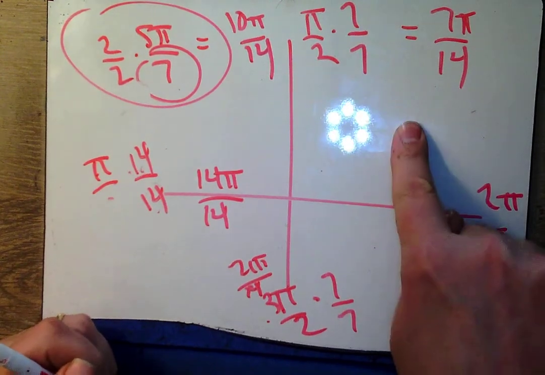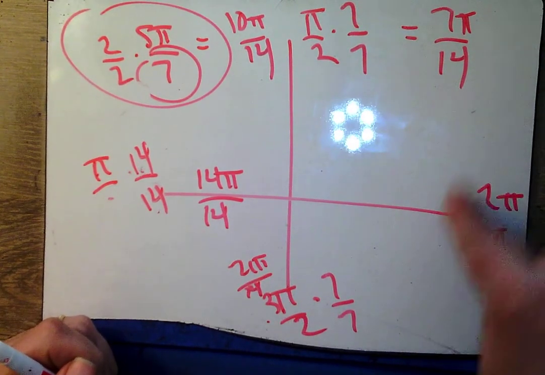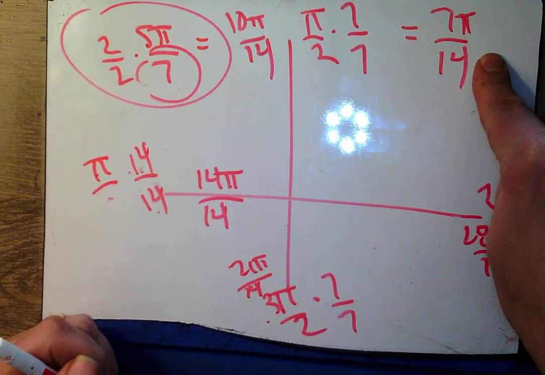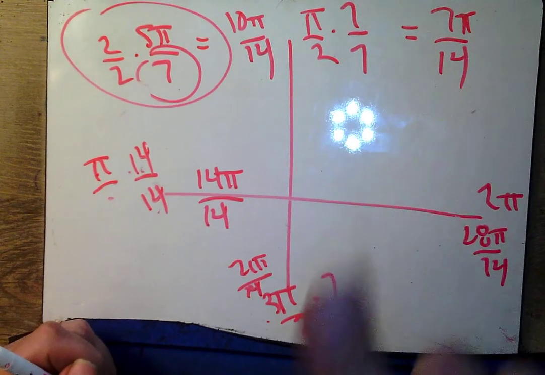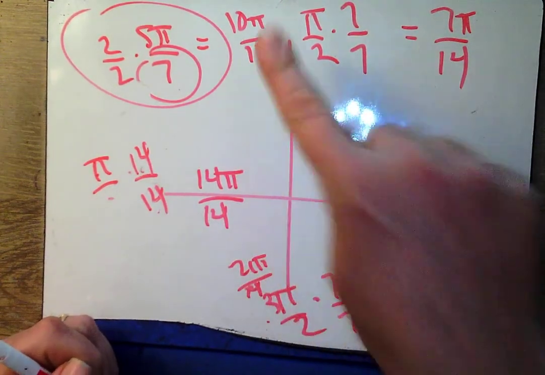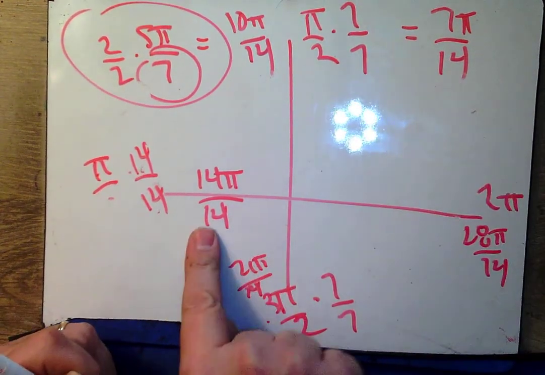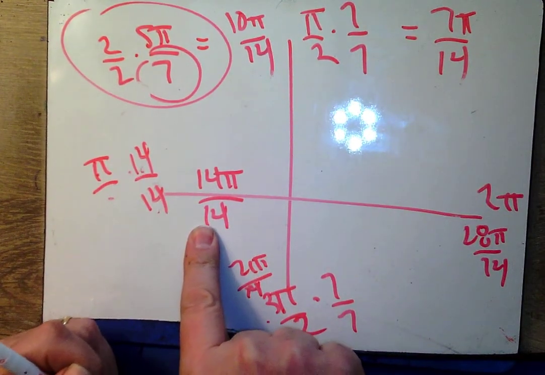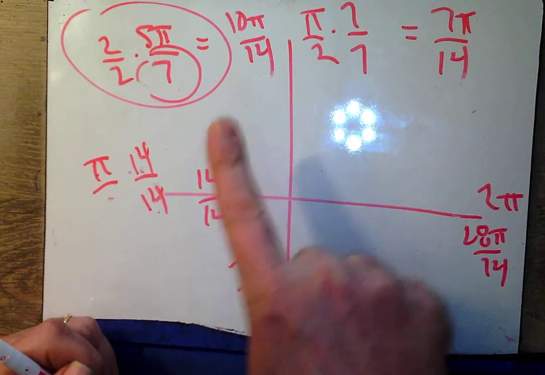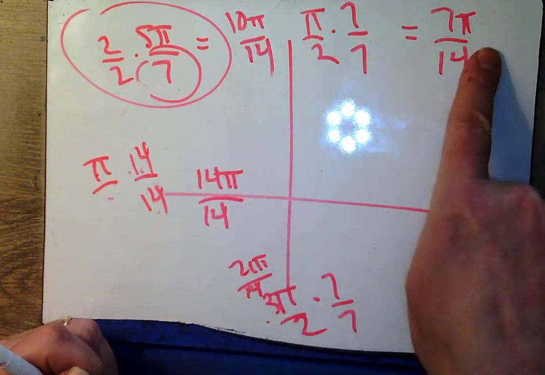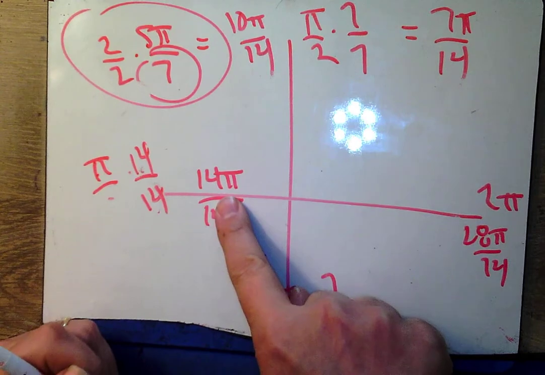So is 10 pi over 14 here between 0 and 7 pi over 14? No, 10 is bigger than 7. Is 10 pi over 14 in this quadrant between 7 pi over 14 and 14 pi over 14? Why, yes. Yes, it is. And it's 3 away from this one, but 4 away from this one.